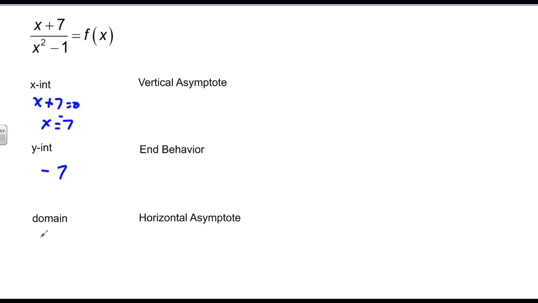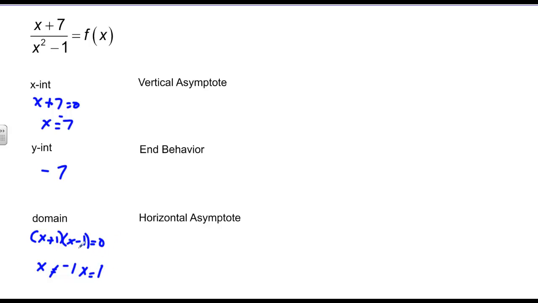And our domain, notice the denominator factors. So in this case, if I say x plus 1, x minus 1 not equal to 0, we get x not equal to -1, x not equal to +1.